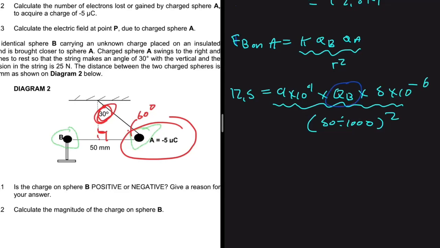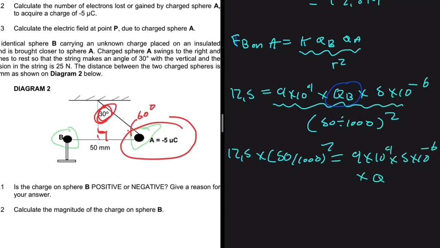If we cross multiply, we're going to get 12.5 multiplied by (50 divided by 1,000) squared, being equal to 9 times 10 to the 9 multiplied by 5 times 10 to the minus 6 multiplied by the charge on B, right? So now it should be easy to see that if we divide both sides by this term, we should get the charge on B, right?